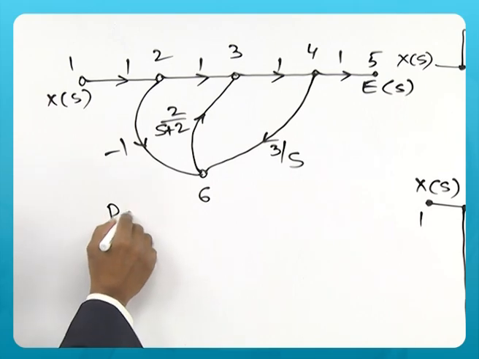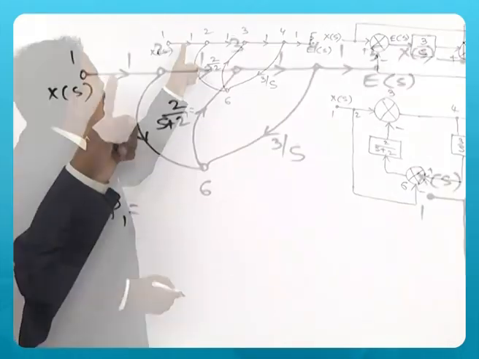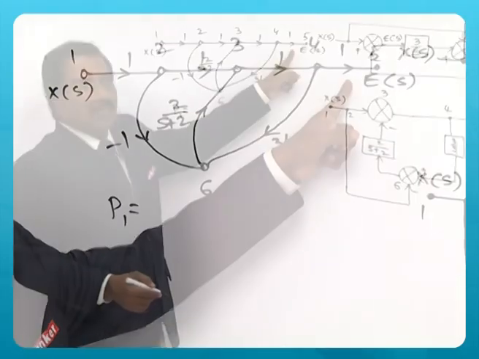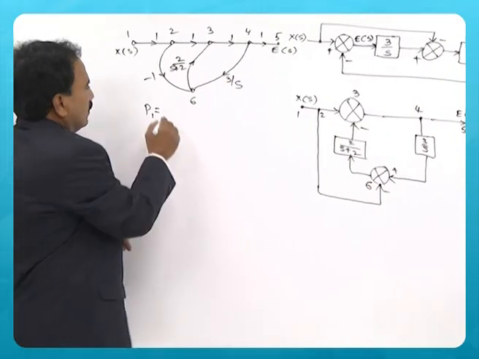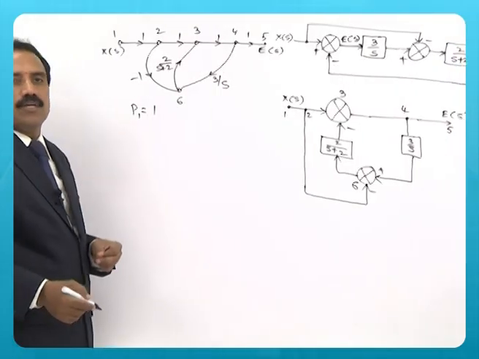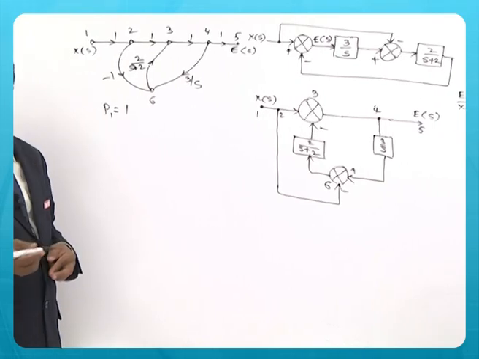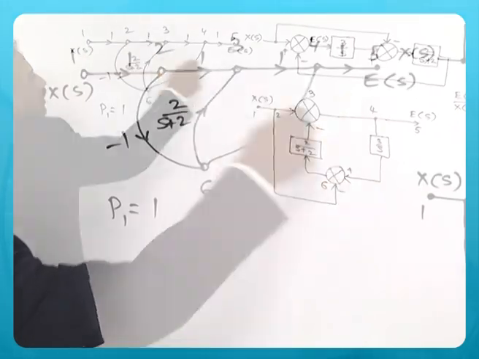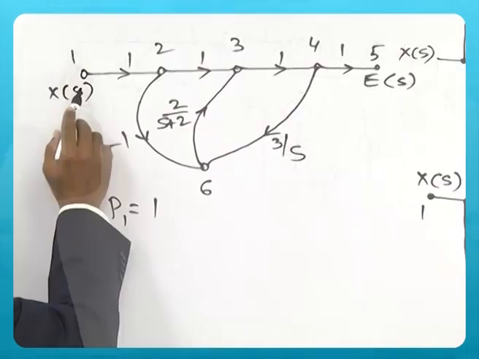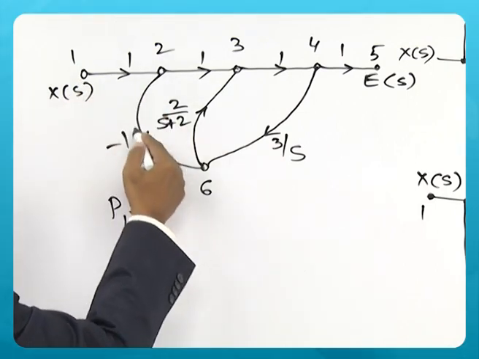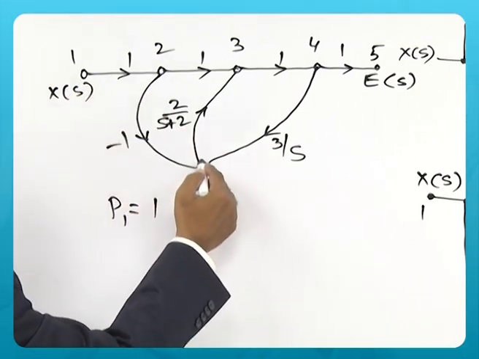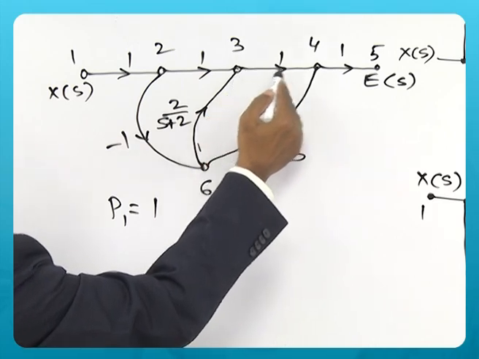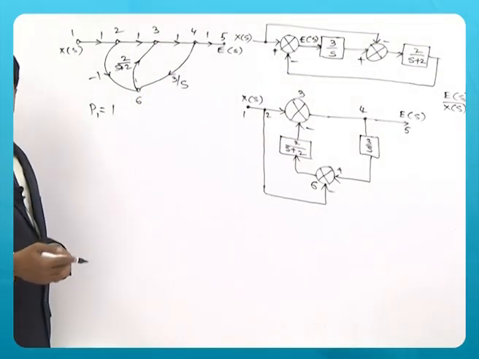The gain of that particular forward path is 1 into 1 into 1 into 1, so it is simply 1. There is another forward path that goes via 1, 2, then through this 6, then it goes this way, and finally reaches 5.